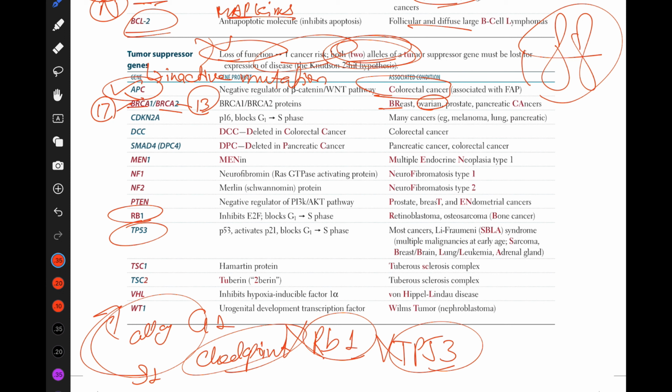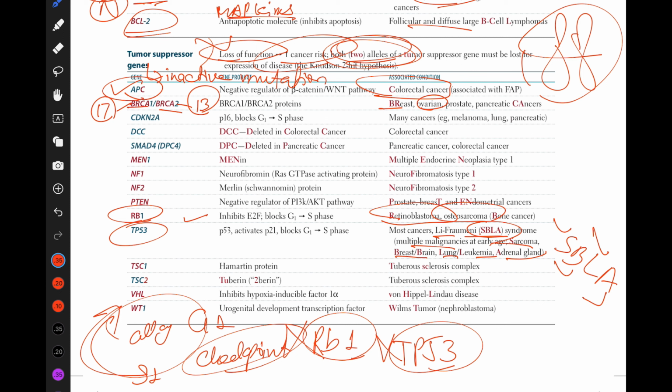In cancer, RB1 is most commonly associated with retinoblastoma and osteosarcoma, and TP53 causes multiple malignancies like sarcoma, breast, brain, lung, leukemia, adrenal. It also gives Li-Fraumeni syndrome, with the mnemonic SBLA: S for sarcoma, B for breast and brain, L for leukemia and lung, and A for adrenal gland.